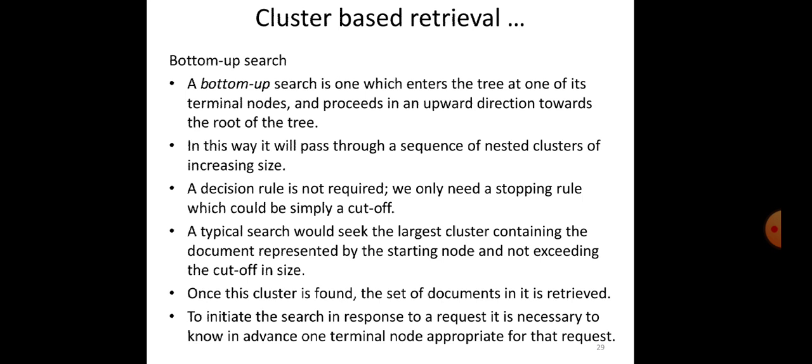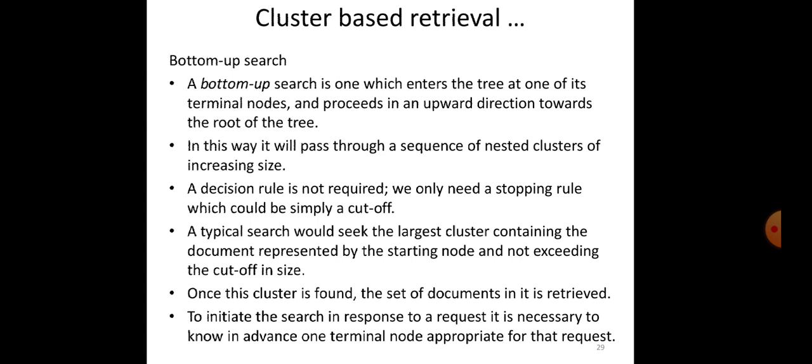Bottom-up search is one which enters the tree at one of its terminal nodes and proceeds in upward direction towards the root of the tree. Root is the last and final node. We will be continuing our search from the leaf node to the root.